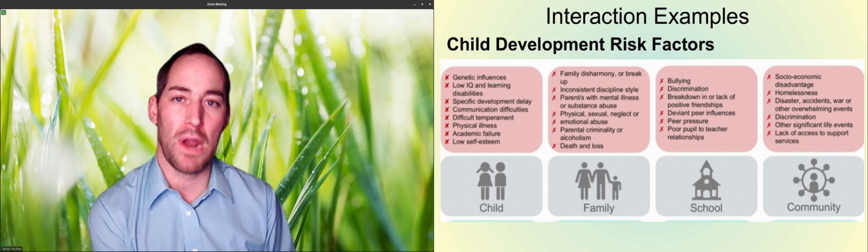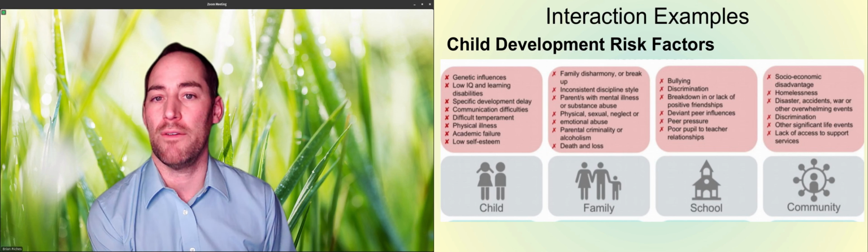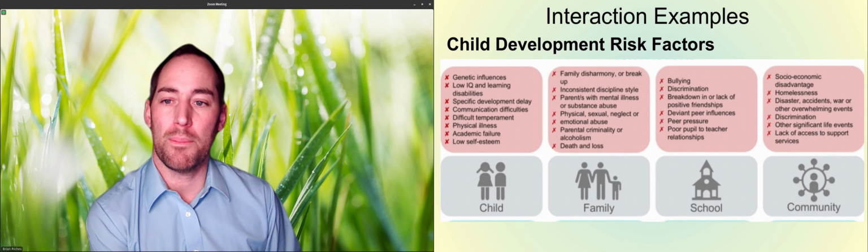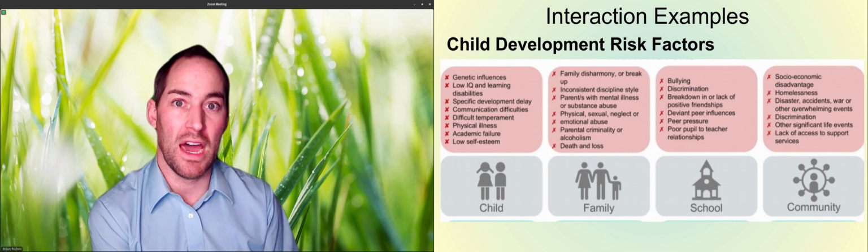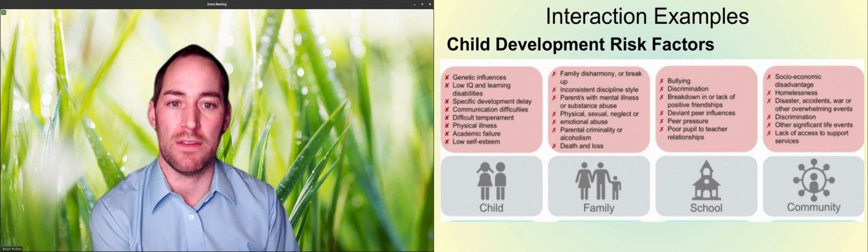So just another real life example of interactions. It might not be that any one of these absolutely leads to a negative outcome, but the more of these you add up together, the more they work together in a really negative way.